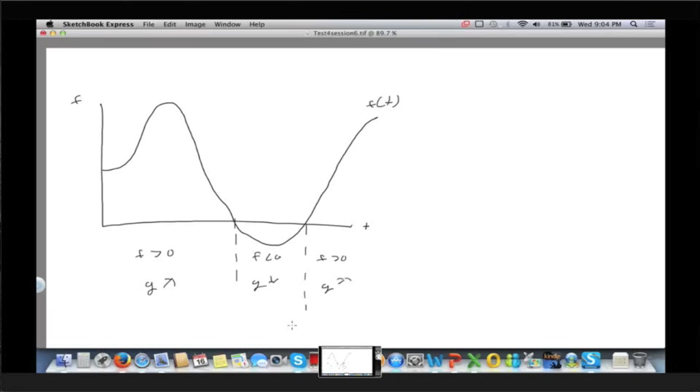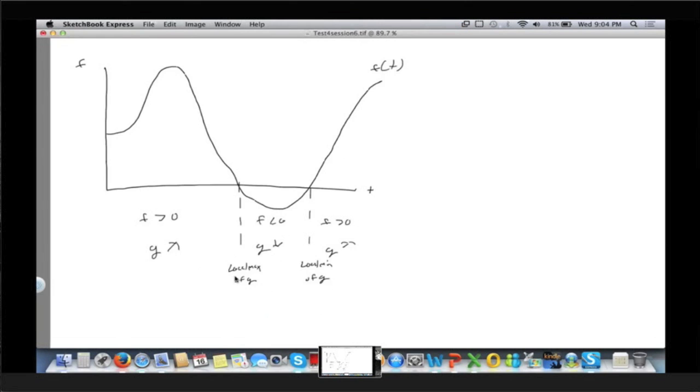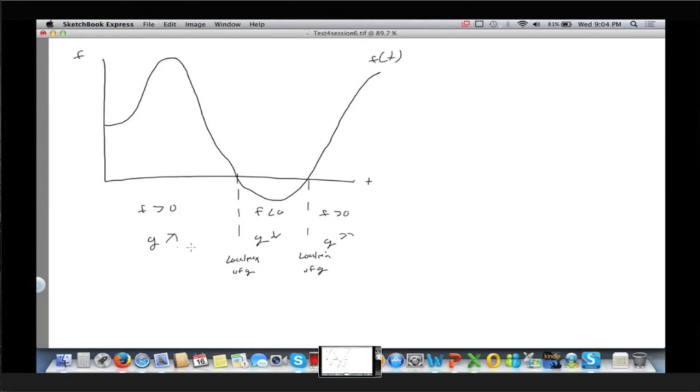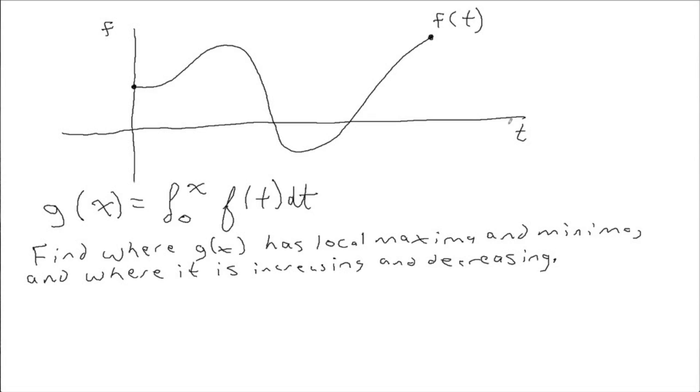That's good. Good. And yeah, so I guess this kind of answers the other question. Where g is increasing and decreasing. Okay, very good. All right, I'll go back to my screen. That's what we were working on last time.